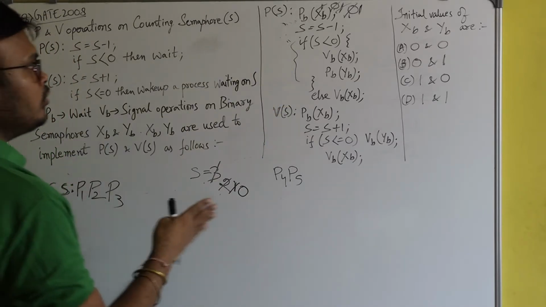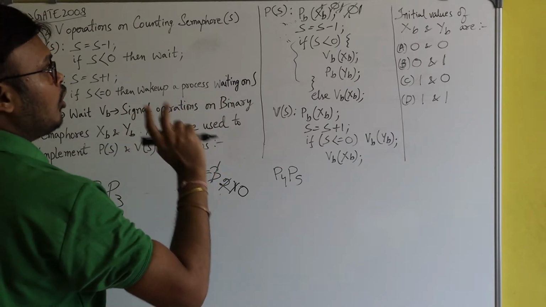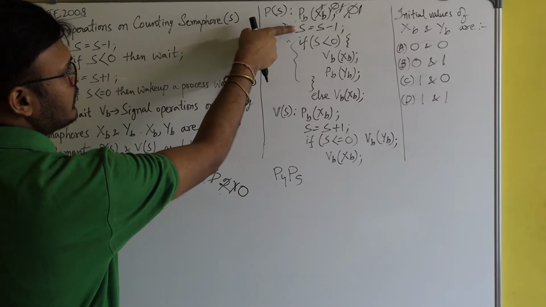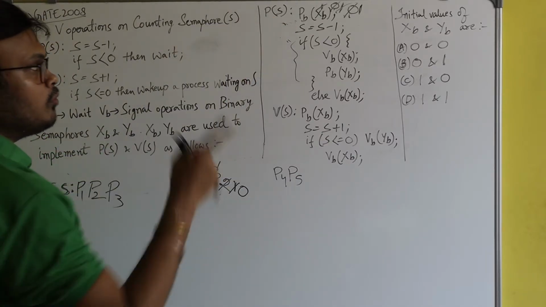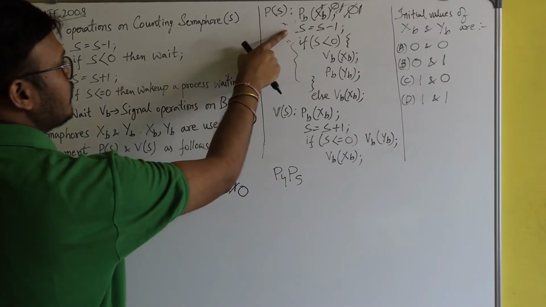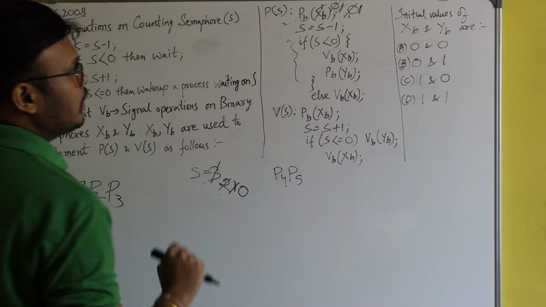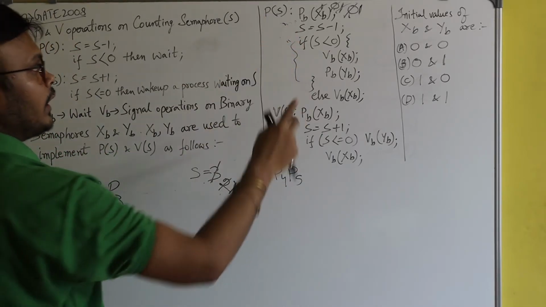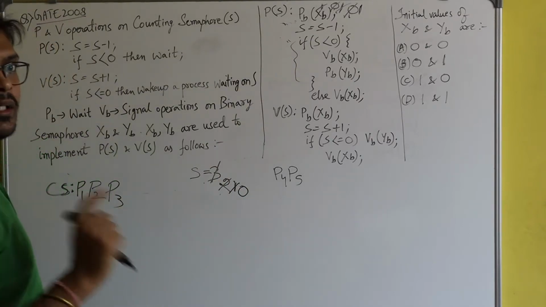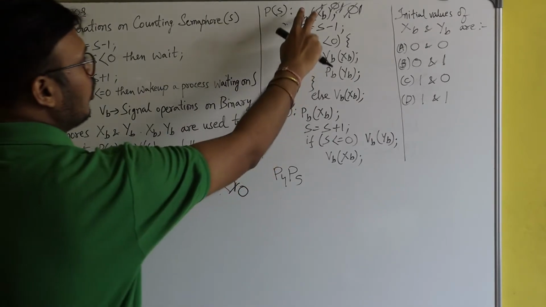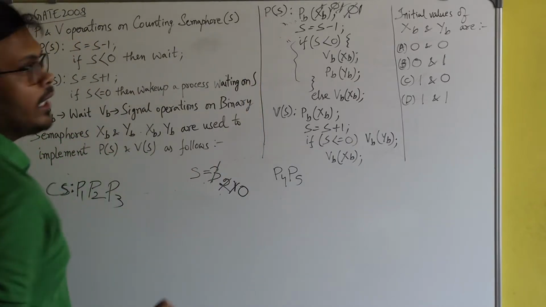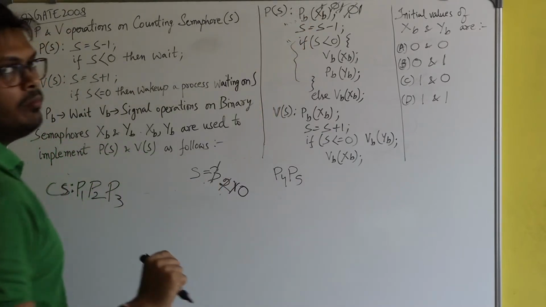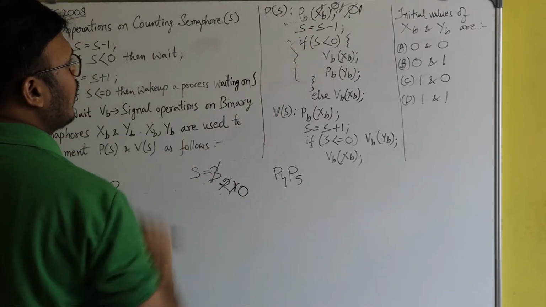I mean to say that at a time not more than one process could access this counting semaphore S. Initially only P1 could access this, and after that P2 could access this. It was never a case that P1 and P2 both accessed this counting semaphore at the same time. In this way XB is providing mutual exclusion to the counting semaphore.